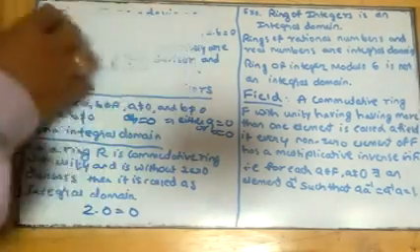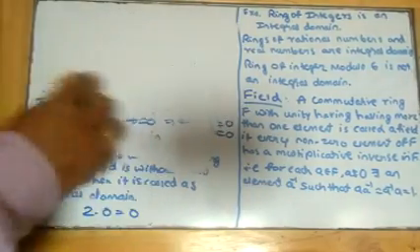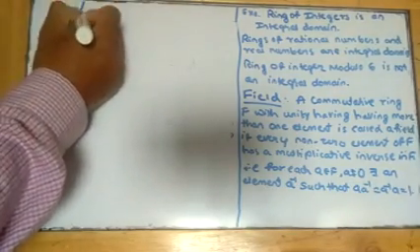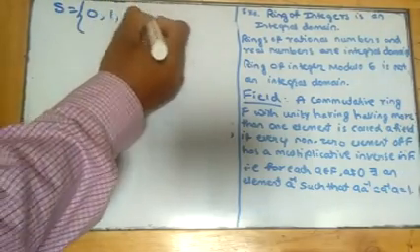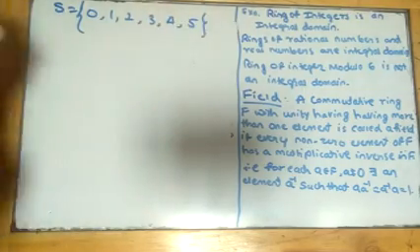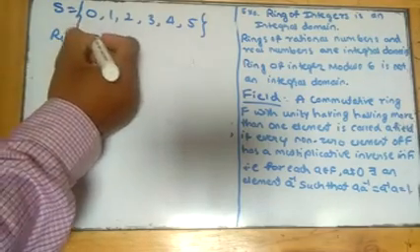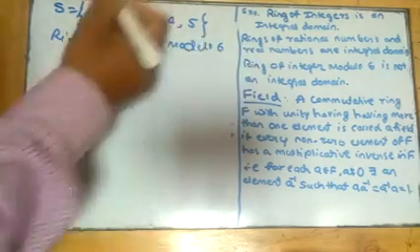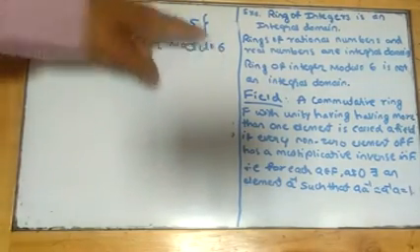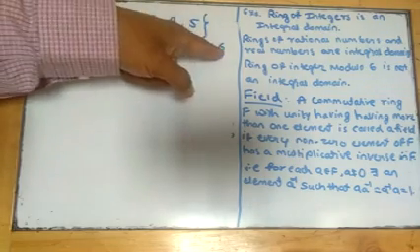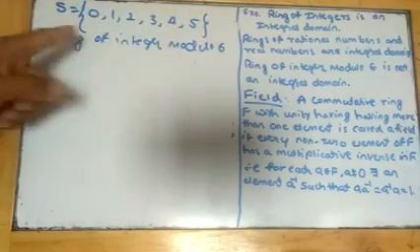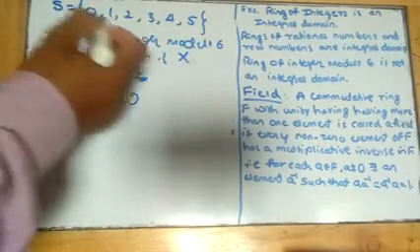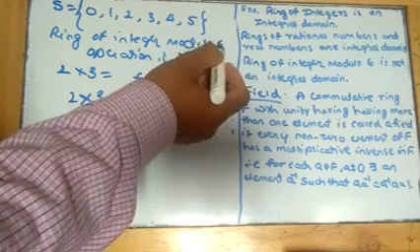So why? Let us take an example. The ring of integers modulo 6 means the set S contains the elements 0, 1, 2, 3, 4 and 5. Integers modulo 6 means the set always contains the numbers less than 6.